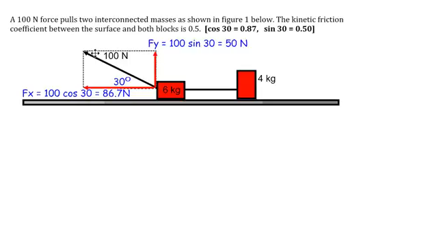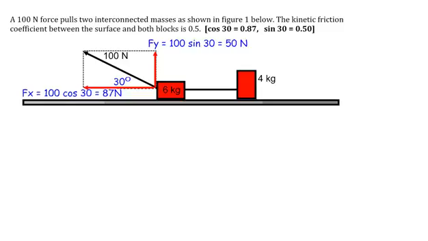Fy will be 100 times the sine of 30 to give us this length. Therefore, the upward component of the 100 Newton force is 50 newtons. And Fx, or the horizontal component, is 100 times the cos of 30, and that gives us 86.7, or actually 87, because we're given the sine and the cos. Let me just correct that.